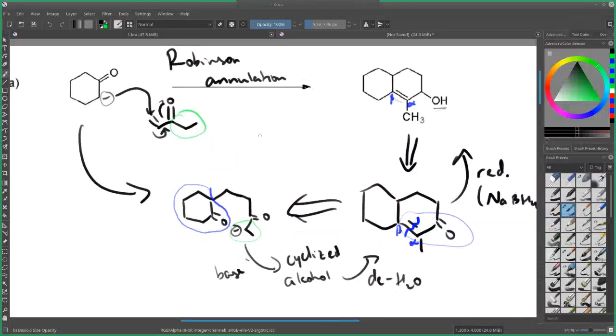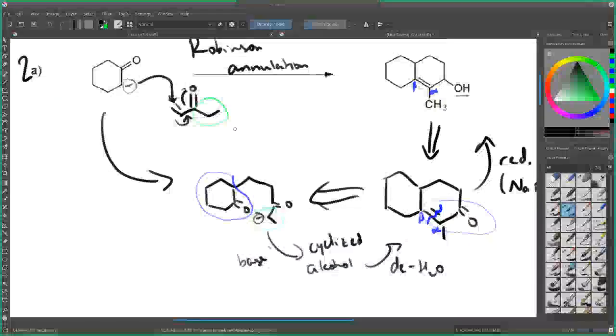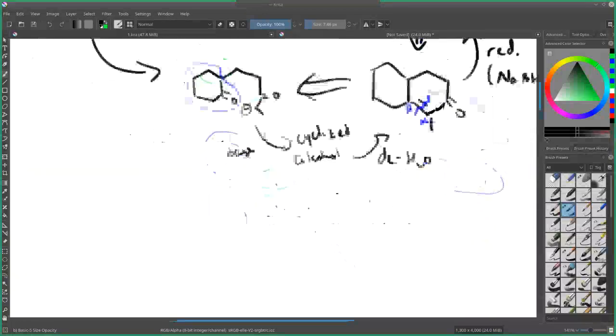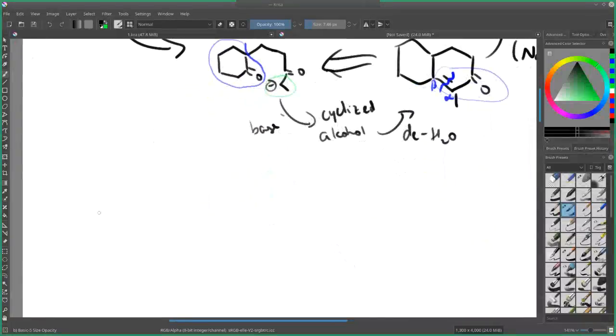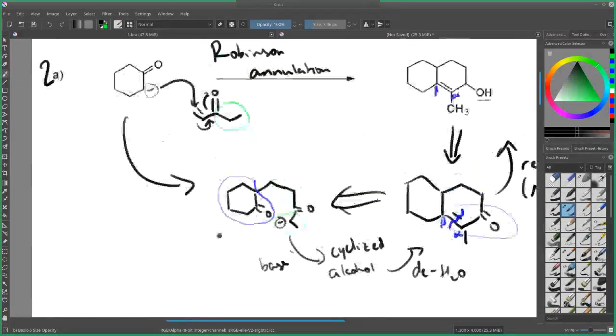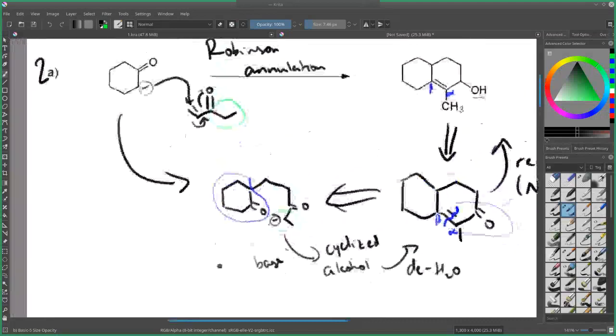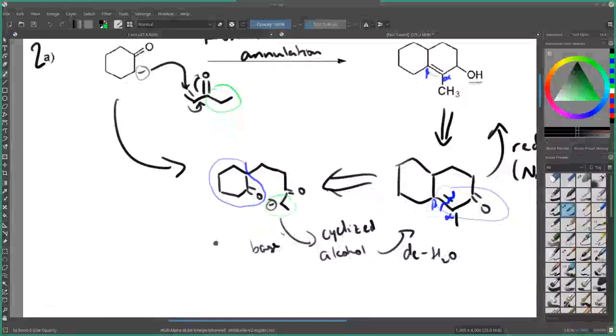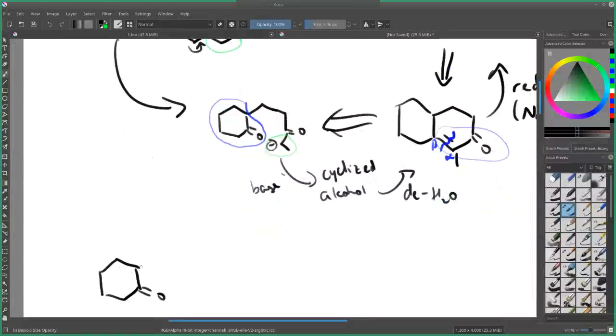Sorry, what was that? Oh, could we make the other side the donor? So for the other side to be the donor, we would have to do something like this. Could we instead have a methyl off of the ring and make that a double bond?